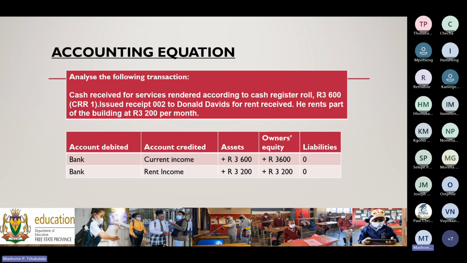Now, when you look at the statement, it tells you that 3,600, which is positive, will be the same amount on the right-hand side. 3,600 plus 0. Left-hand side is equal to right-hand side. Plus 3,200 plus 3,200. This one goes together with 0. Therefore, it means both sides are equal.